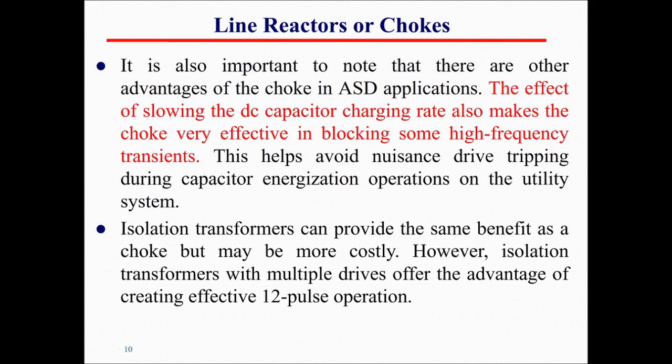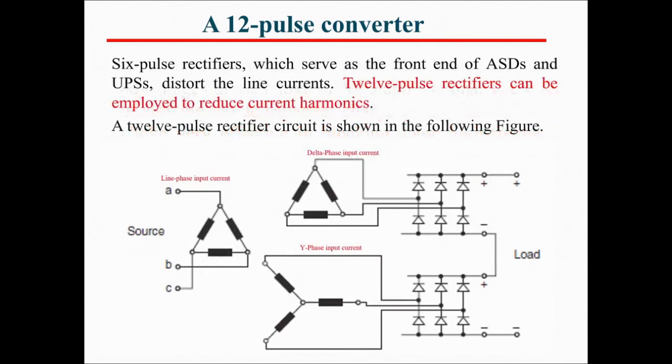Isolation transformer can provide the same benefit as a choke, but may be more costly. However, isolation transformer with multiple drives offers the advantage of creating 12 pulse operation, as we have already discussed, right? We have one primary with two secondary, one primary with two secondary.